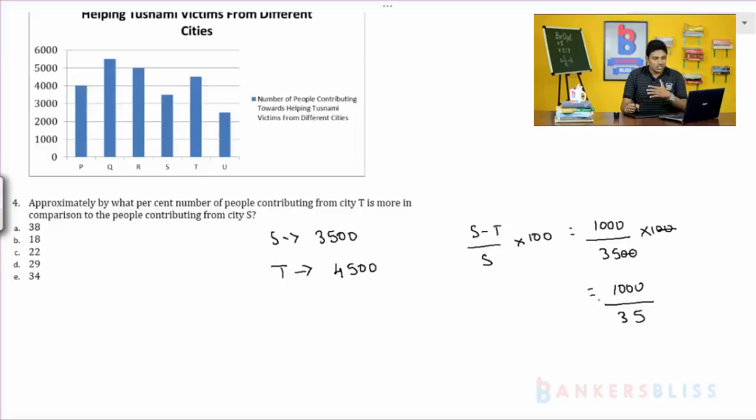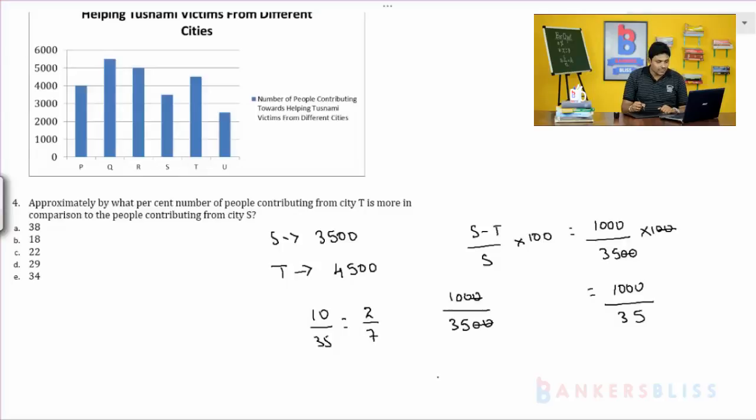Which takes too much time. So come for the shortcut method. The shortcut method is 1000 divided by 3500. 2 zeros will cancel. Next you are going to end up with 10 by 35, which is 2 by 7, because 5 twos are 10, 5 sevens are 35.